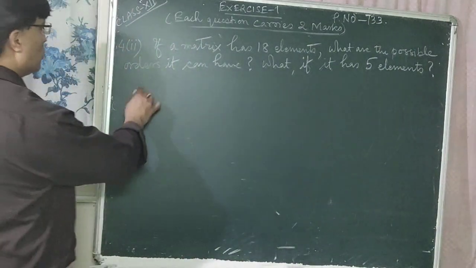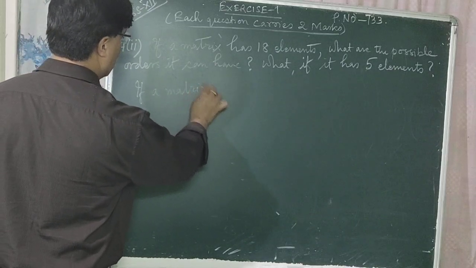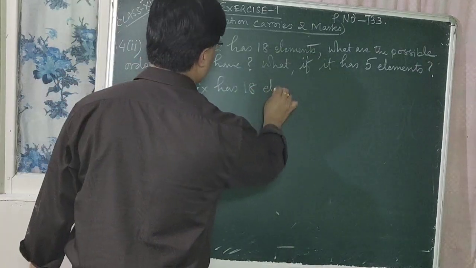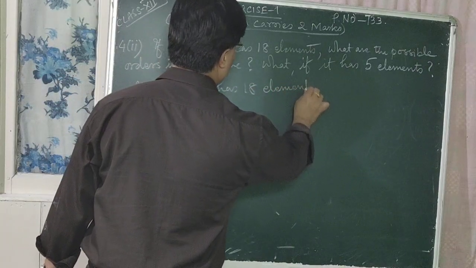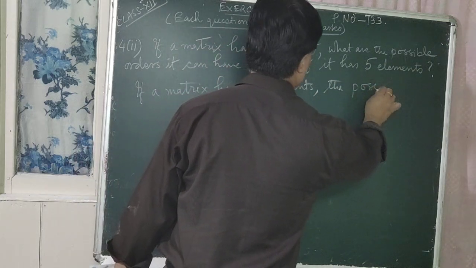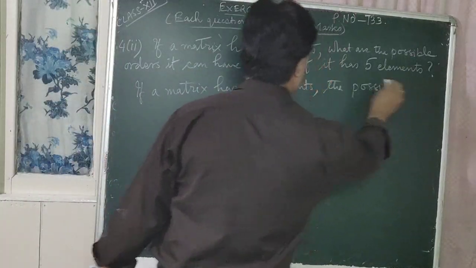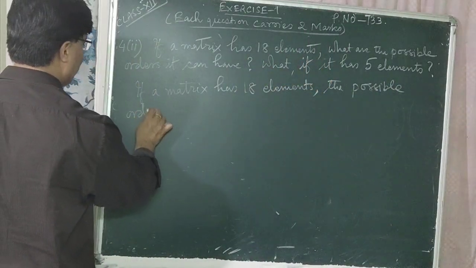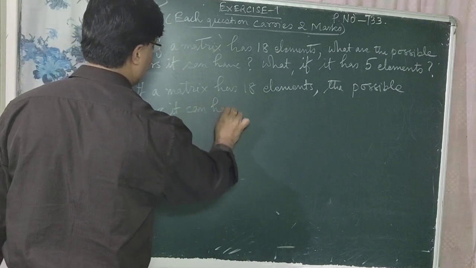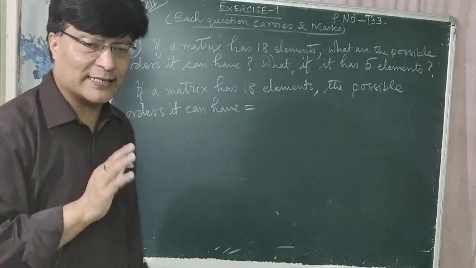So if a matrix has 18 elements, what are the possible orders it can have?